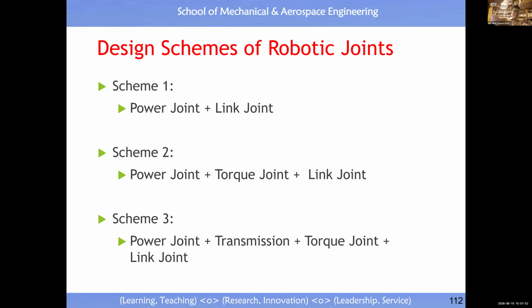Because when the arm moves, the power joint is normally heavy and you will waste a lot of energy. If you put the power joint inside the body of the arm, you waste a lot of energy. So it's better to relocate it at the base link. You save energy. Understand? So that is design scheme 3.